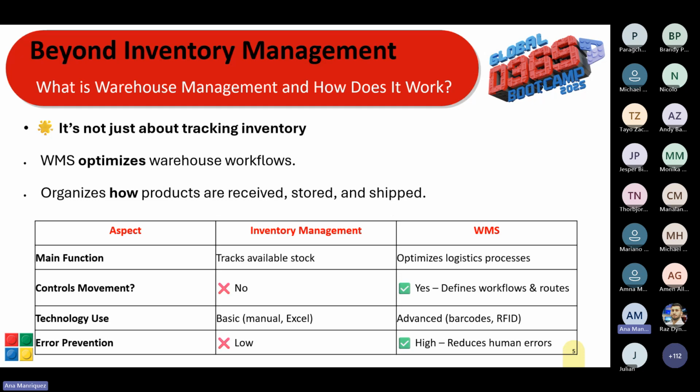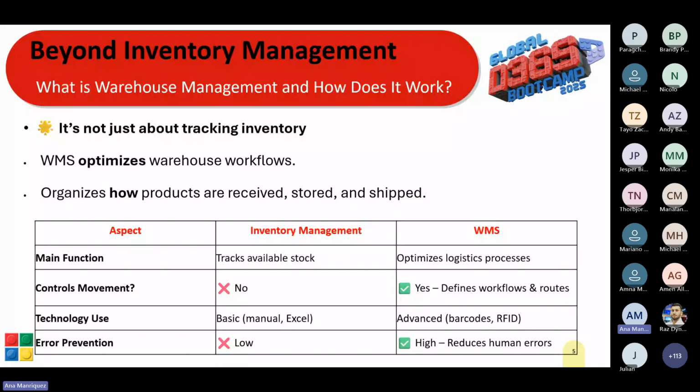So what the WMS does is define workflows. Where is the beginning? Where is the finish for this process? It prevents human errors because the system says exactly what you need to do. And if you want to change and put some other number in the application, it's impossible. And they use technology like barcode scanners, QR codes, and RFID, everything to make this process faster and more accurate. So that's what we try to explore today.